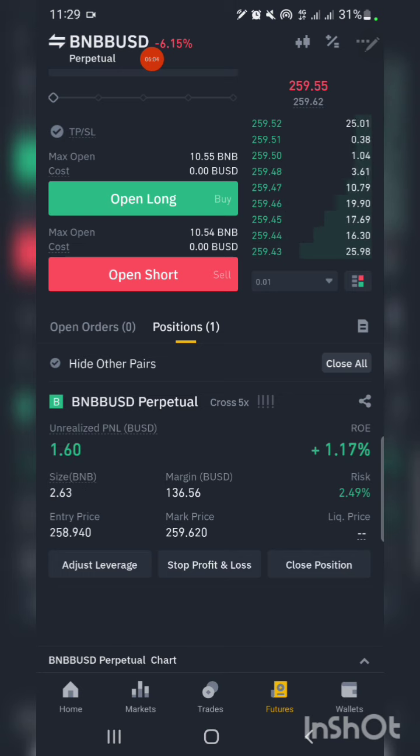Whenever I'm trading cross margin, I don't set a stop loss. I can decide to close this trade whenever I'm okay to exit the market. I don't mean on profit. I mean if this trade goes against me, I can decide to close. I'm no longer closing out of fear of liquidation because I know I won't be liquidated.